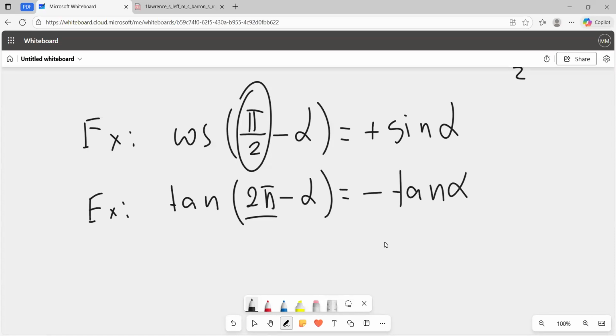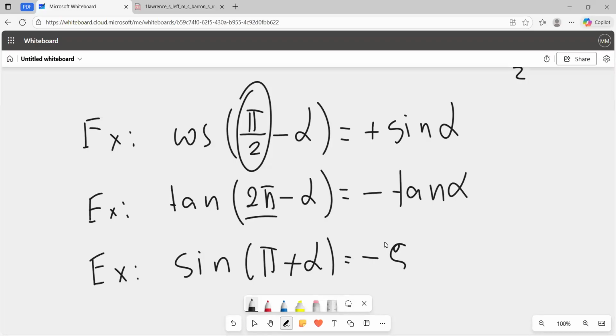It's equal to negative tangent of alpha. Or, for example, sine of pi plus alpha. Pi plus alpha means that we are in the third quadrant. Sine is negative, and the name doesn't change. It's equal to negative sine alpha.